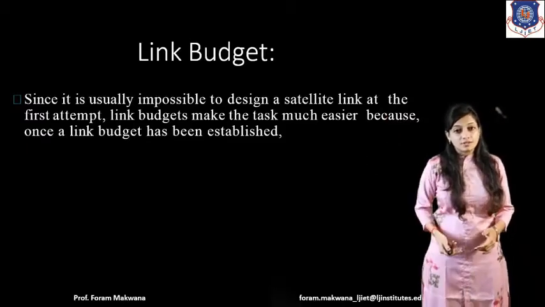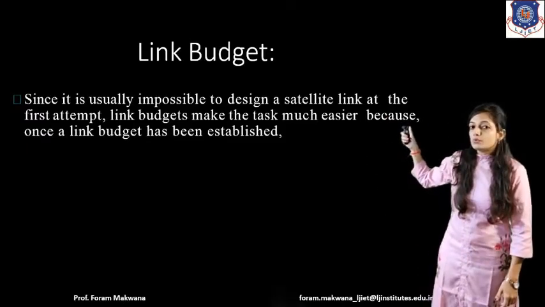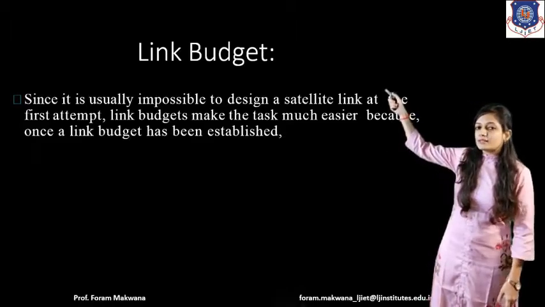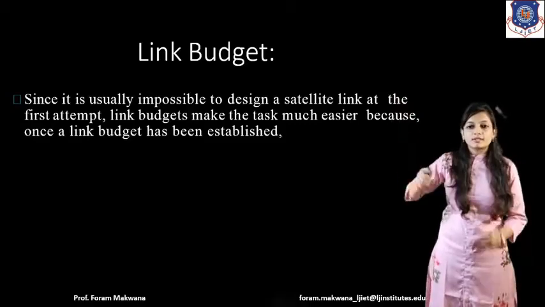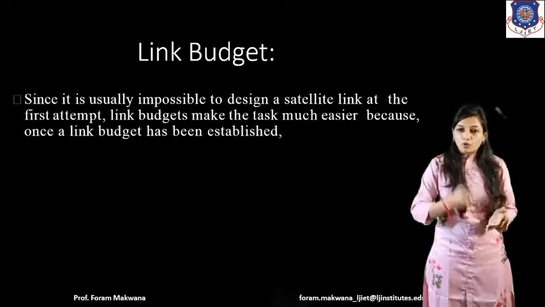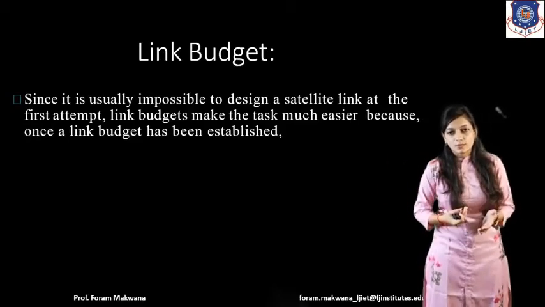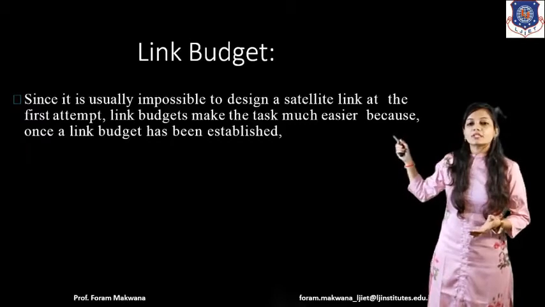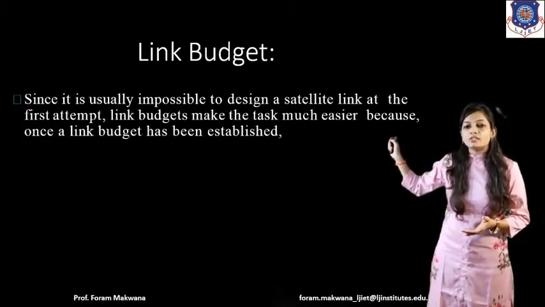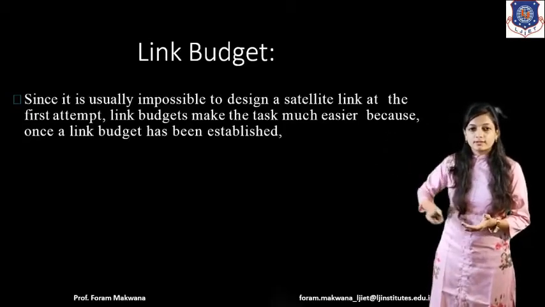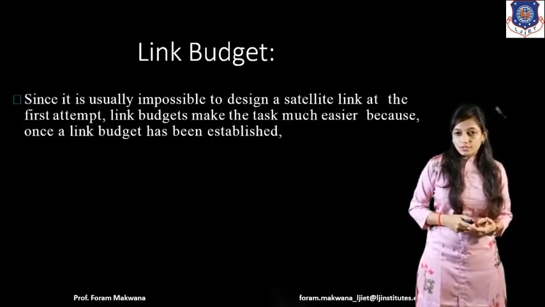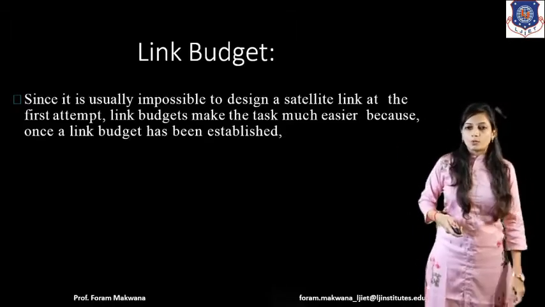So the best method is the link budget, because it gives you the calculation of power in terms of loss and cost as well. So it makes the task much easier, right? That's why we are going to derive the carrier to noise power ratio with the help of the link budget equation.